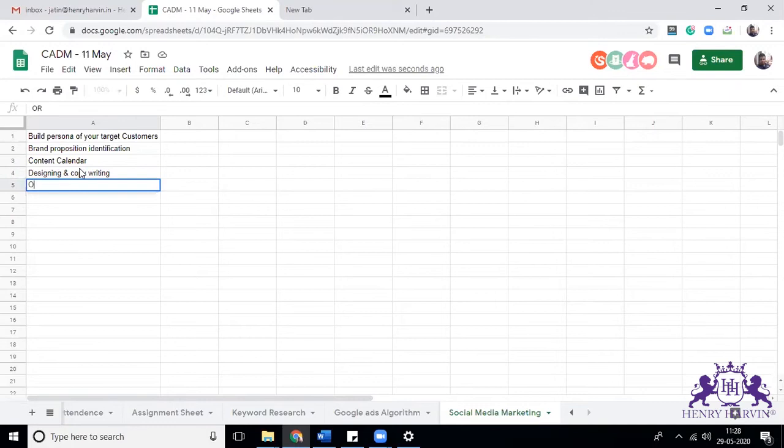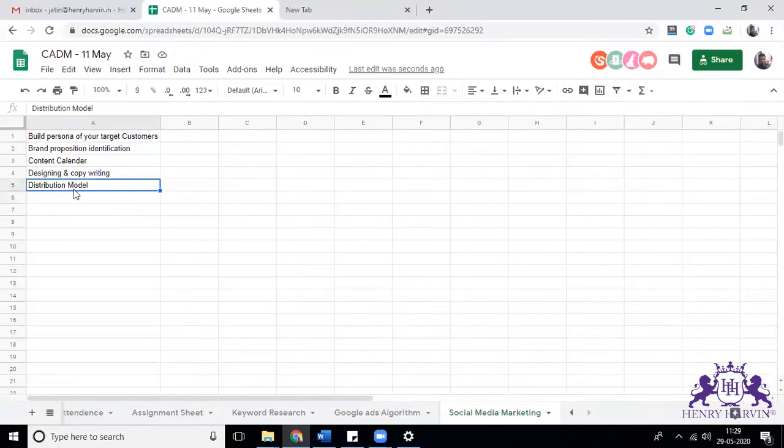And fourth is to create engagement. Create engagement, you can cover in the content calendar, where you think about the engagements.